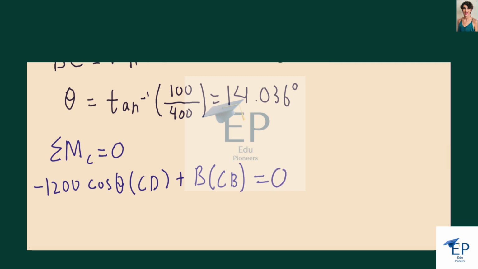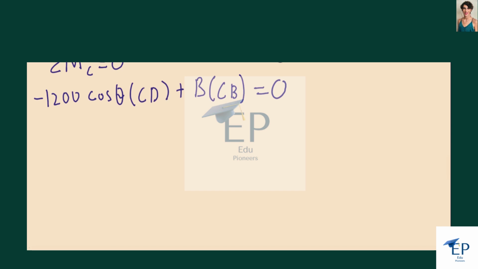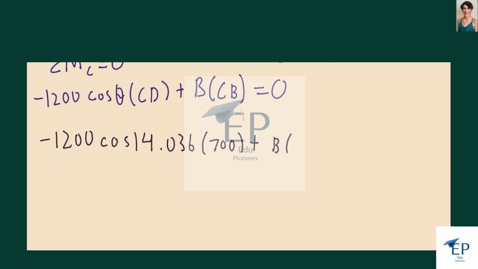So we plug in terms and solve for B, and this will give us negative 1200 times the cosine of 14.036 times 700 plus B times 412.31 equal to 0.